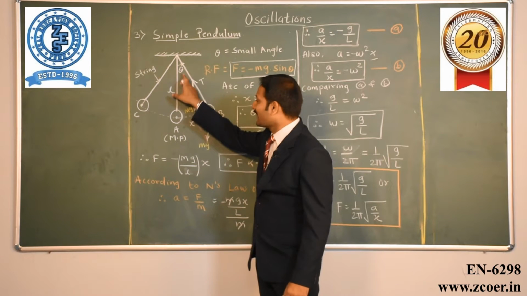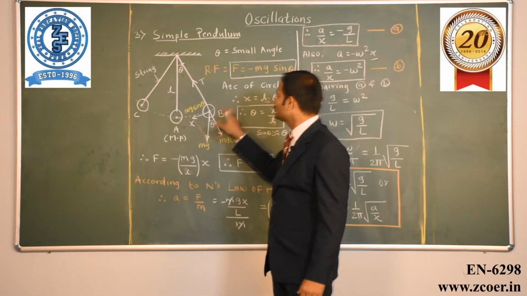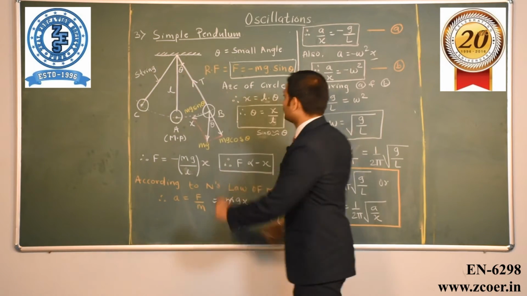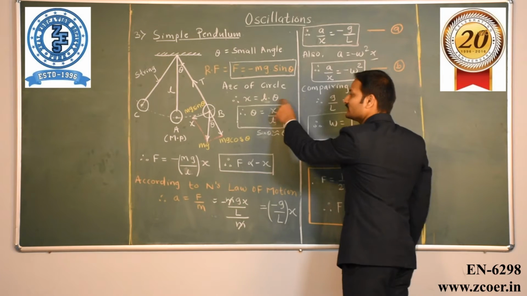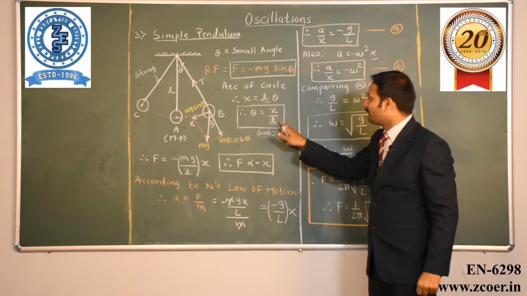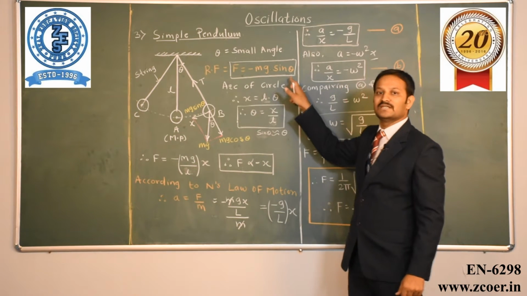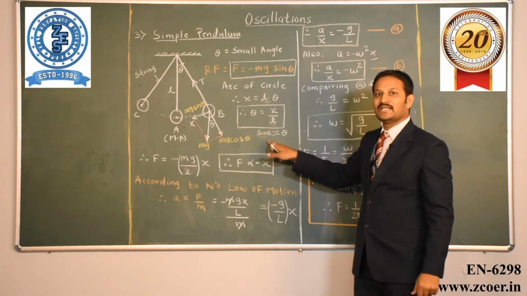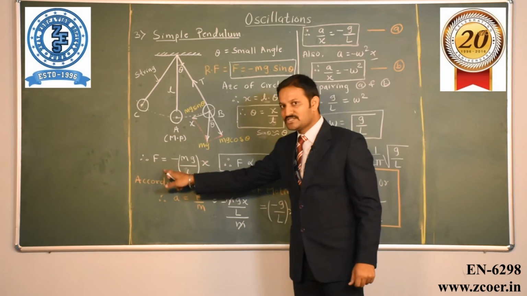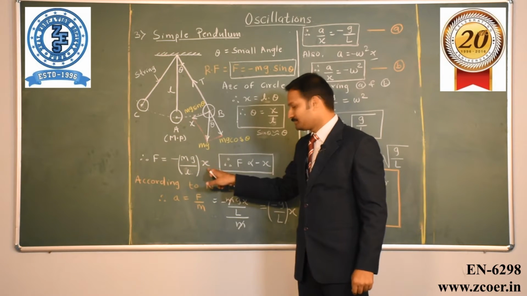So, converting this angle into linear displacement, x is equal to L into theta. Theta is equal to x upon L. Putting this theta in this equation, it becomes F is equal to minus mg upon L into x.